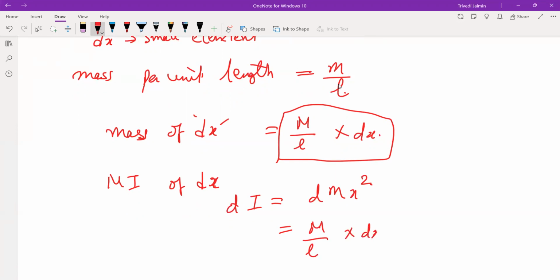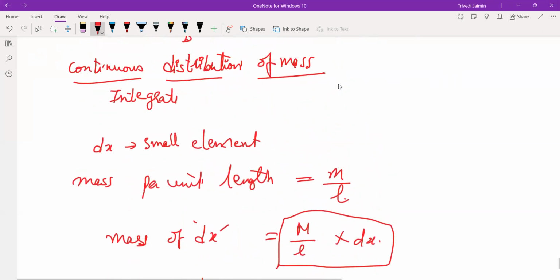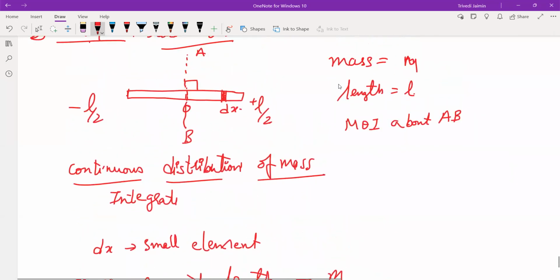Now why are we doing this? Understand that we are finding the mass of each element. The total length is L and the total mass is M. So if I want the mass of each small element inside, I take mass per unit length.